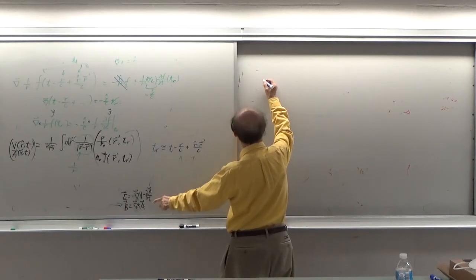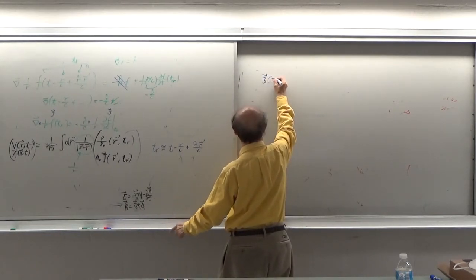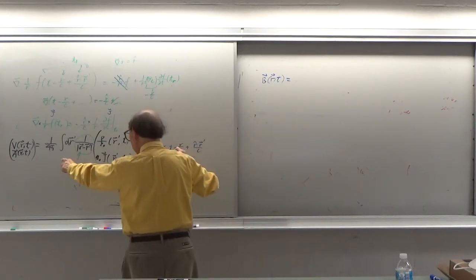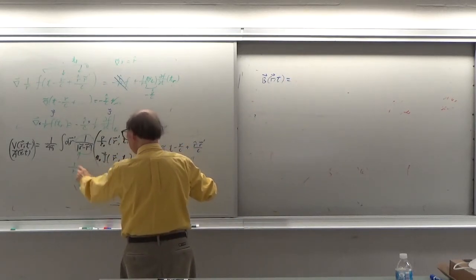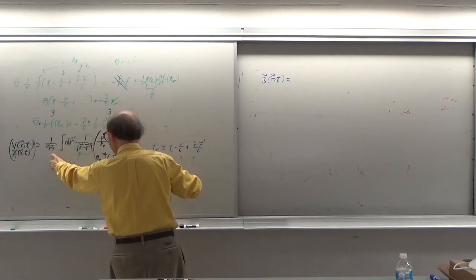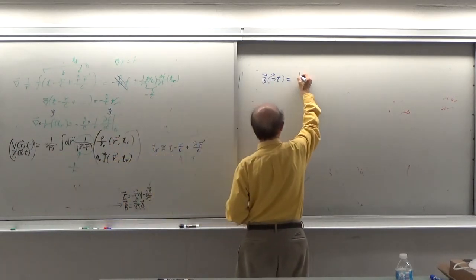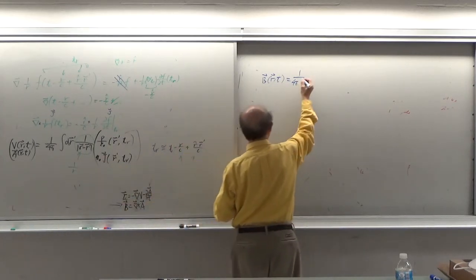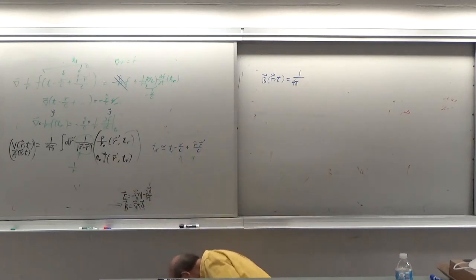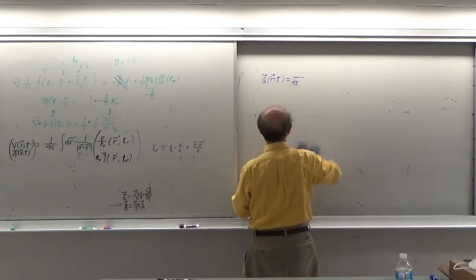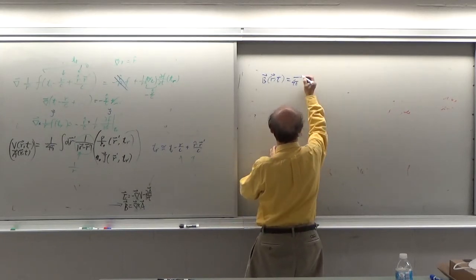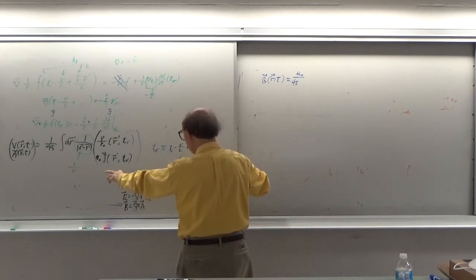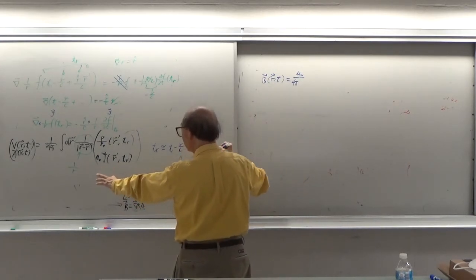So B at the location r at the time t will be equal to the gradient on that one. So A is 1 over 4 pi, with mu naught upstairs. All right, and then what do I have?